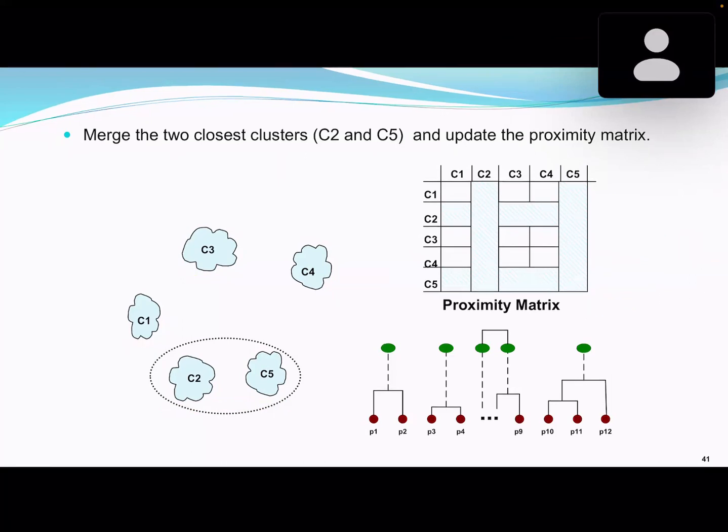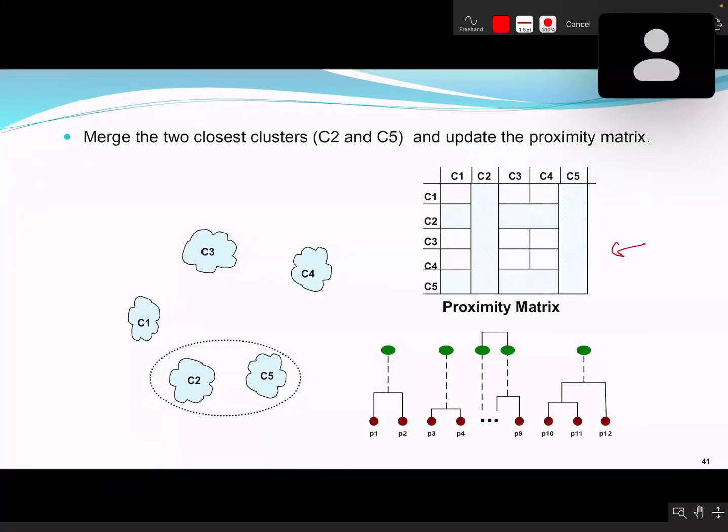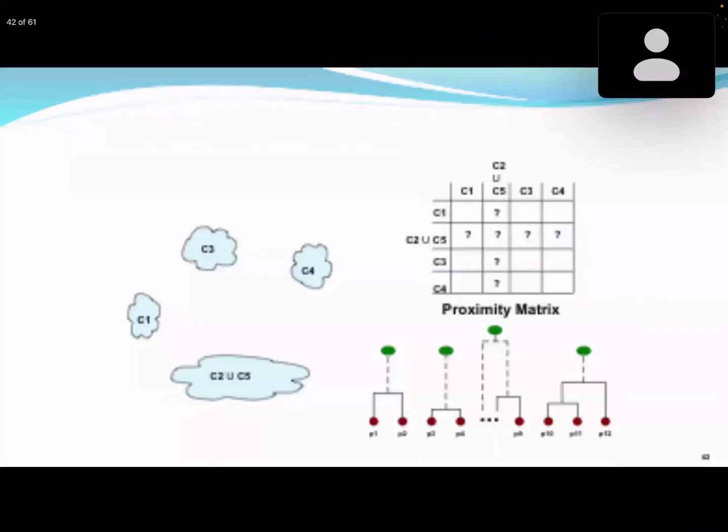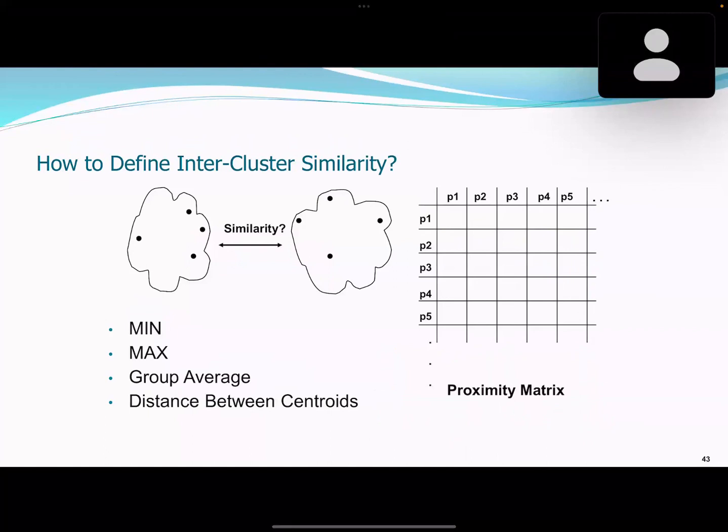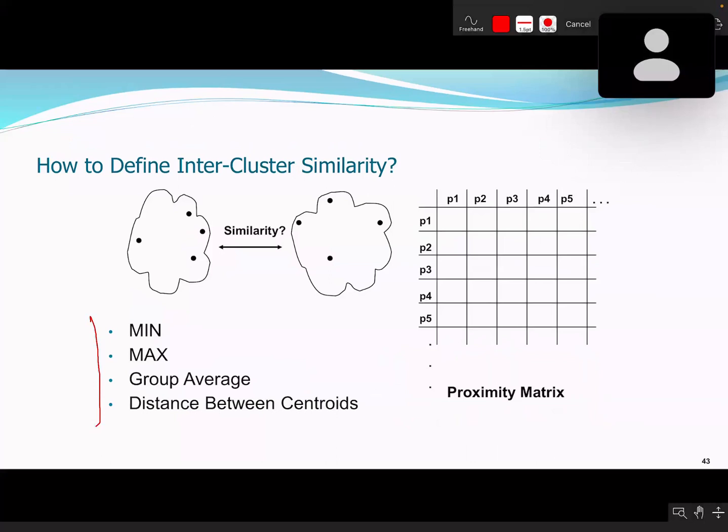So a while ago, I said that, given 2 clusters, we have to find a way to measure the proximity so that we can fill this proximity matrix, right? So how do we measure the proximity between 2 clusters? There are a number of alternatives, namely min, max, group average, and also distance between centroids.